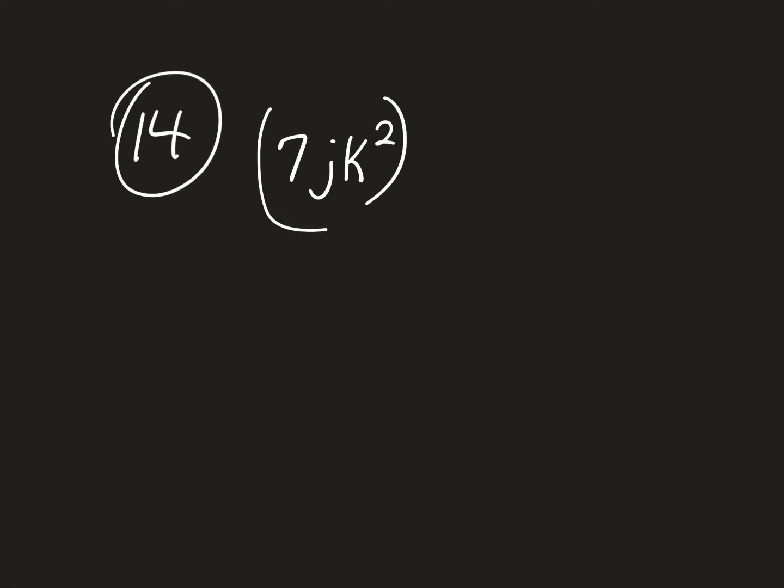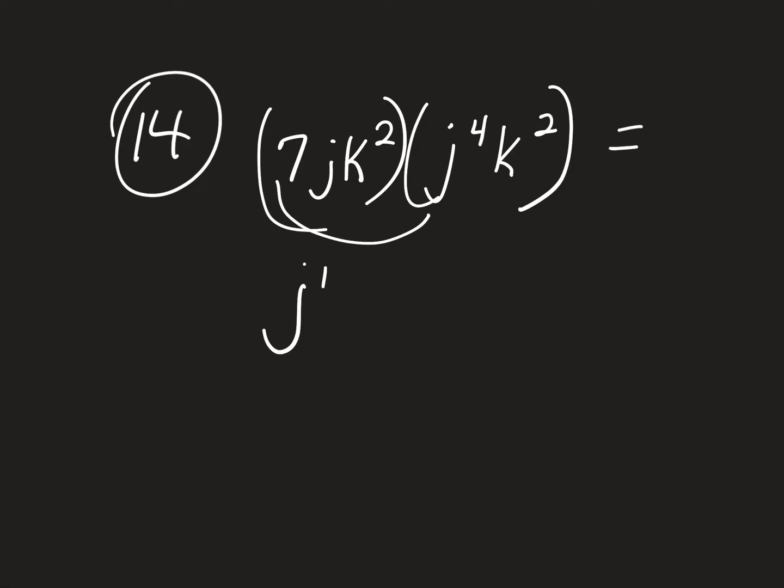Okay, let's look at number 14. Number 14 is 7jk squared times j to the 4th, k to the 2nd. Okay, so technically j would be j 1 plus 4.